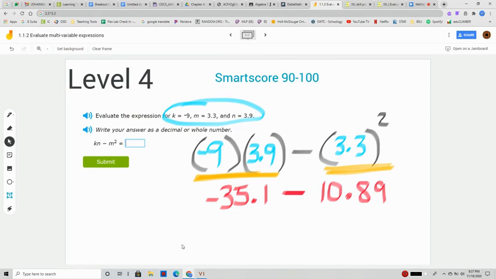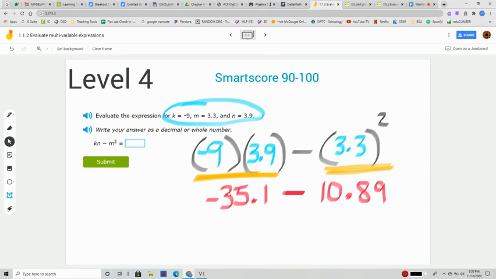Let's think about what kind of number it would be. If you're starting with a negative number and you're subtracting something from it, this means go to the left 10.89. And it's not negative, so it's not going to flip directions. It's going to go left. So this is going to be about negative 45, negative 46, something like that.